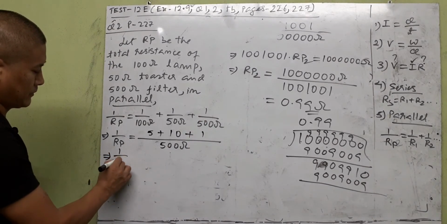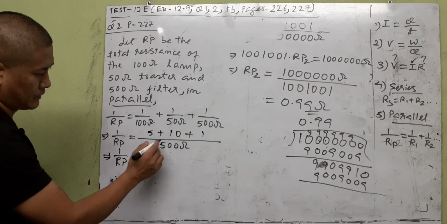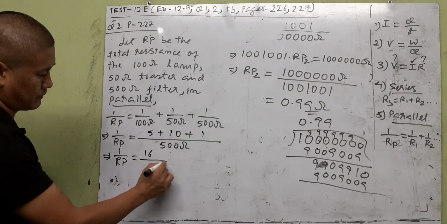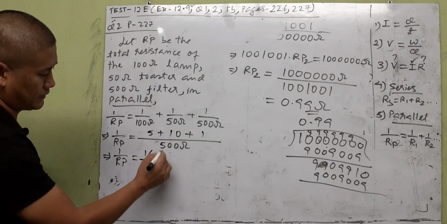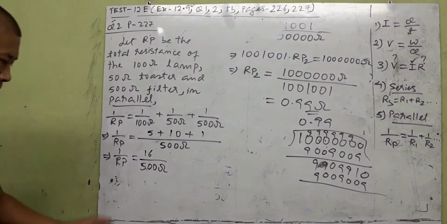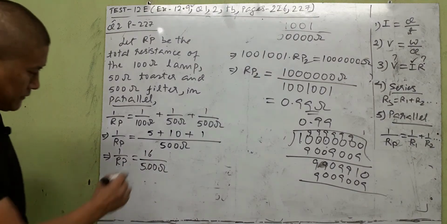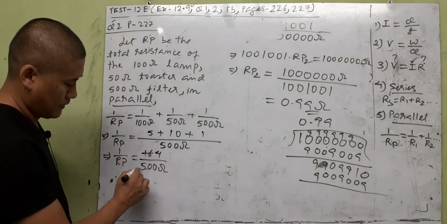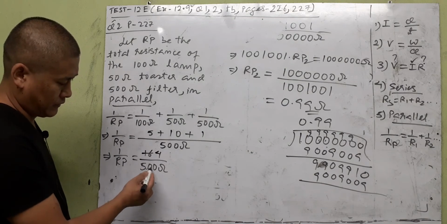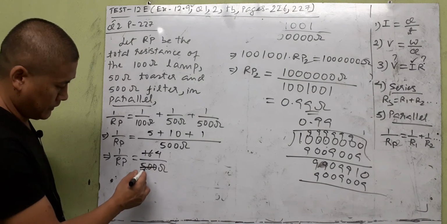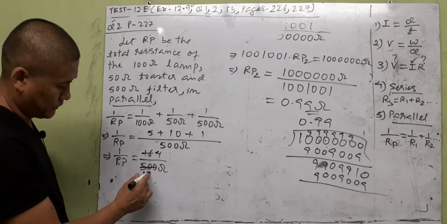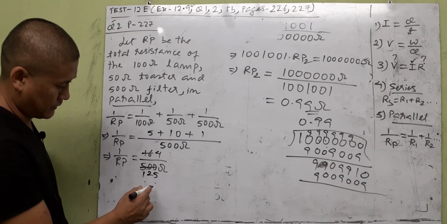So we're going to get here 1 by RP is equal to 16 divided by 500 ohms. So I think 4 will go here. 4 fours are 16. How do I know? Because a number ending with 00 always goes by 4. Okay, 4 ones are 4. 4 twos are 8, 4 fives are 20.